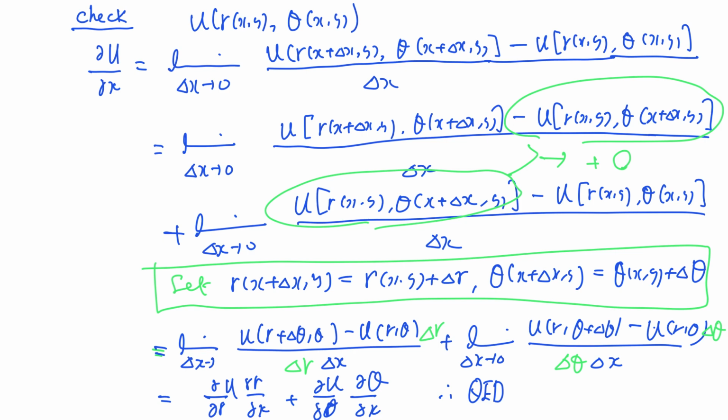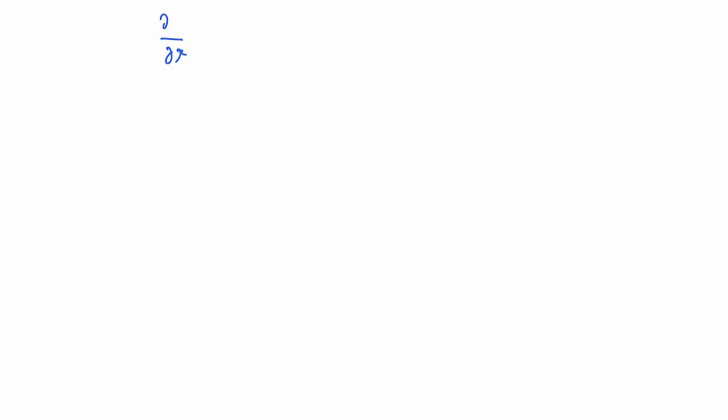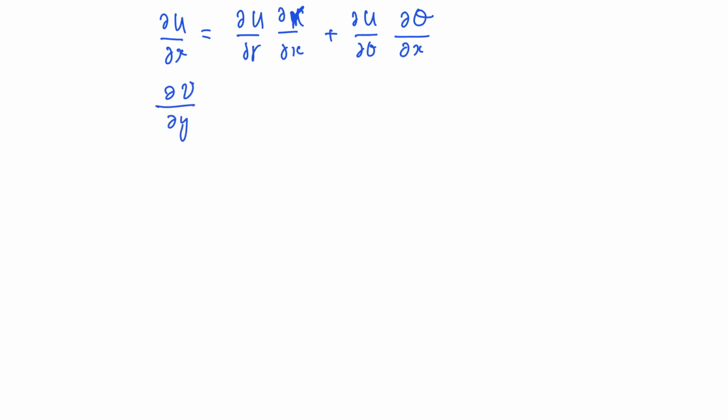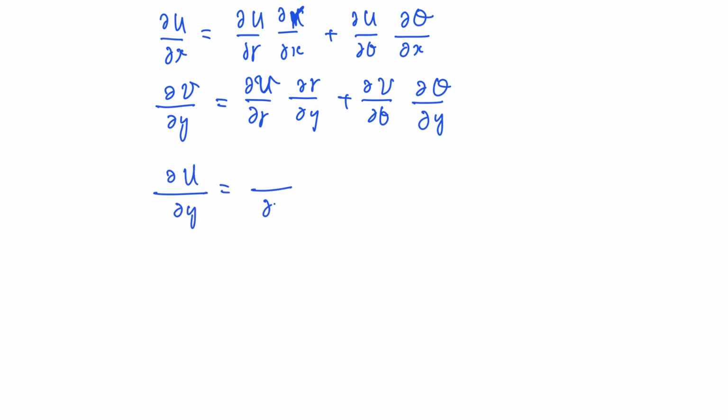Any questions about the chain rule? So we have all the components: partial u over partial x equals partial u over partial r times partial r over partial x, plus partial u over partial theta times partial theta over partial x; partial v over partial y equals partial v over partial r times partial r over partial y plus partial v over partial theta times partial theta over partial y; and partial u over partial y equals partial u over partial r times partial r over partial y plus partial u over partial theta times partial theta over partial y; partial v over partial x equals partial v over partial r times partial r over partial x plus partial v over partial theta times partial theta over partial x.